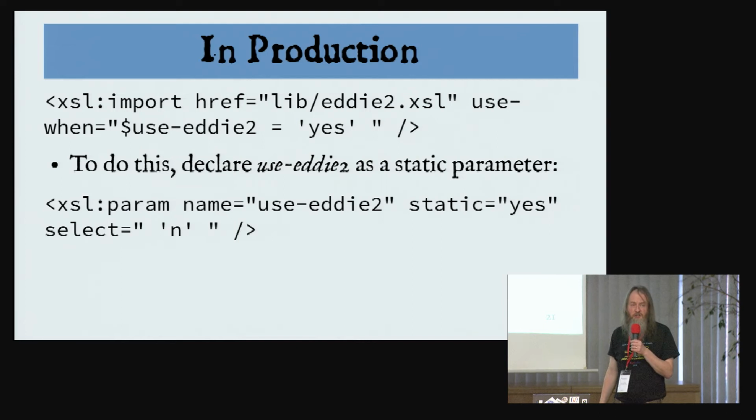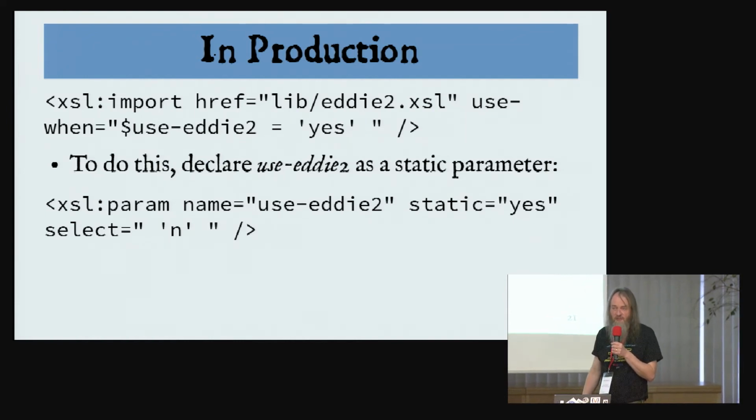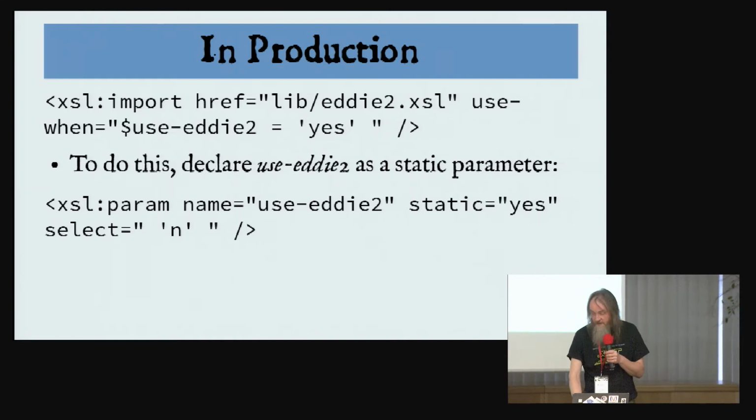Because if you're running production, you don't need to load 5 megabytes of XSLT for each transformation, when really it's mostly an identity. It can delete elements and change namespaces, but a few other things. But basically, it's an identity.